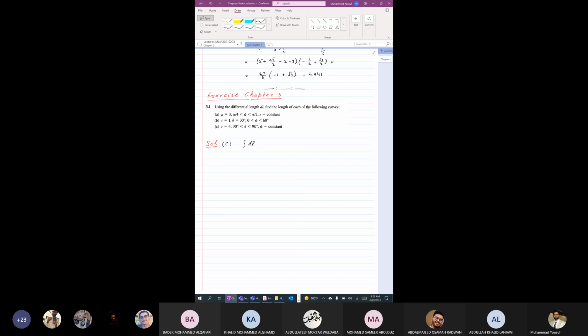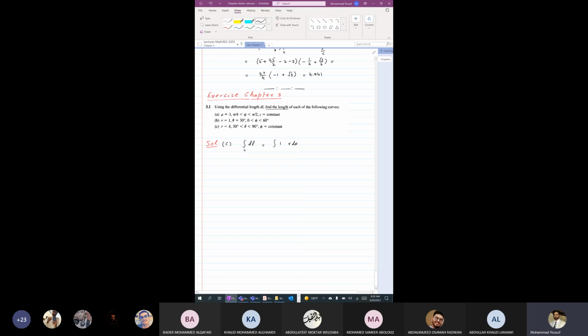In part C, when r is 4, constant, dr will be 0. When phi is constant, d phi is 0. So what we are left with in dl is only the d theta part, which is r d theta in spherical coordinates. And then what is the integrand here? 1, because they are saying find the length.